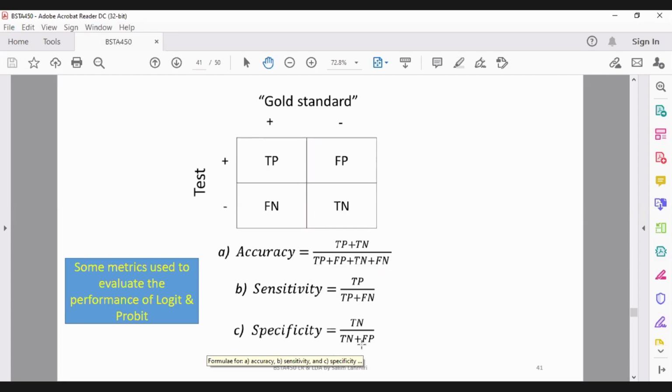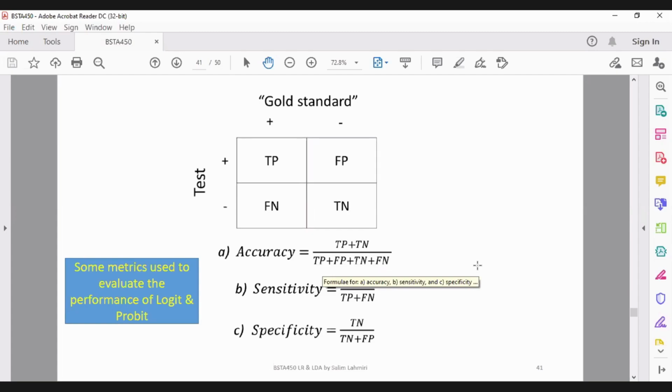For example, if true positives are bankrupt companies or risky companies, as data analysts or credit analysts, you need to look at the sensitivity metric. And the model showing the high sensitivity metric should be the best one. Okay?